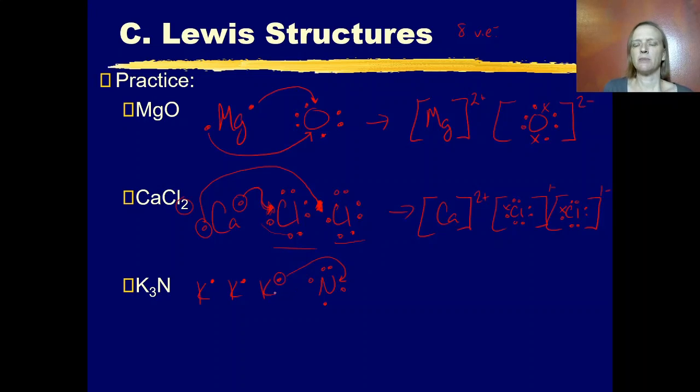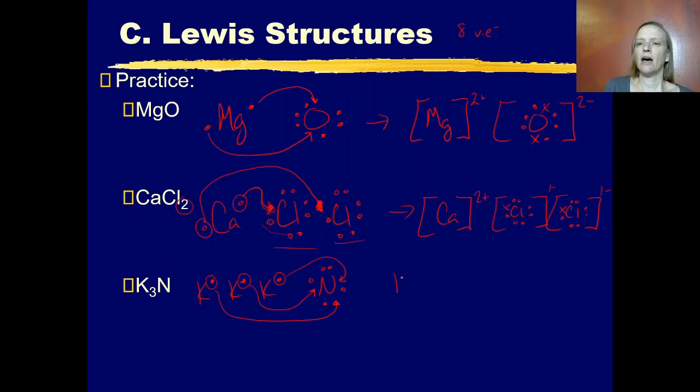Now this potassium has a full valence shell, but nitrogen doesn't have a full valence shell yet, so another potassium donates its electron. This potassium is happy with its full valence shell, but nitrogen still can accept 1 more, which is convenient because I have another potassium here.